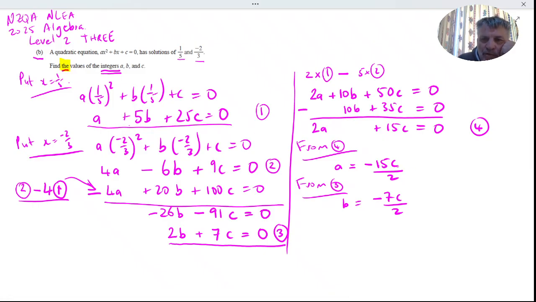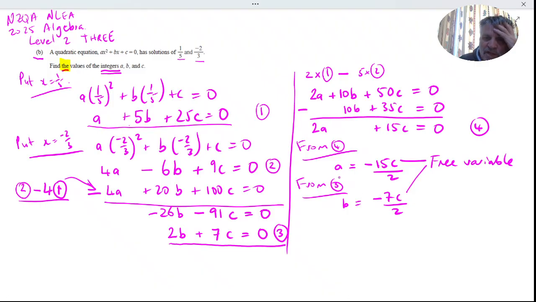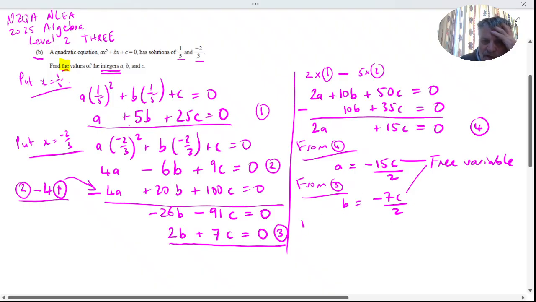What we could do here is we call c a free variable, and if you choose a value for c, you can just plug the value into these two formulas, and you'll find what a has to be. The question we've got here wants these things to be integers. That's a, b, and c.